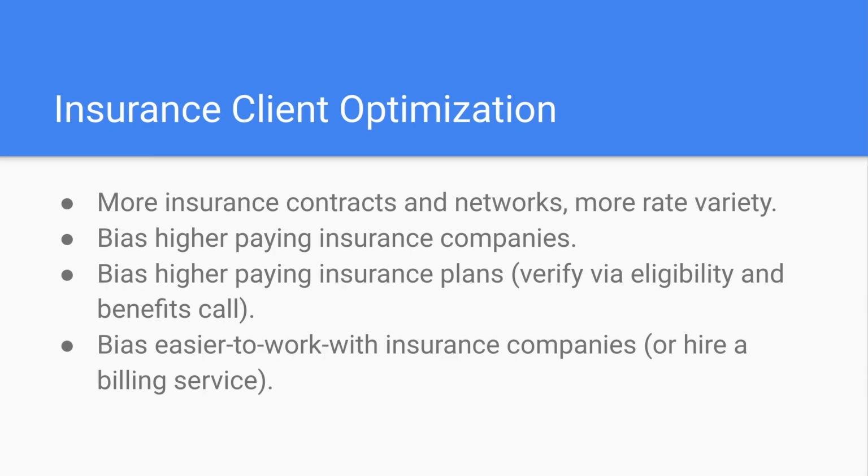Of course, when actually choosing new clients to work with, you're going to want to bias toward higher paying insurance companies and potentially higher paying insurance plans, to figure out what plan the client has within their insurance brand. You'll want to ask about that during eligibility and benefits verification.